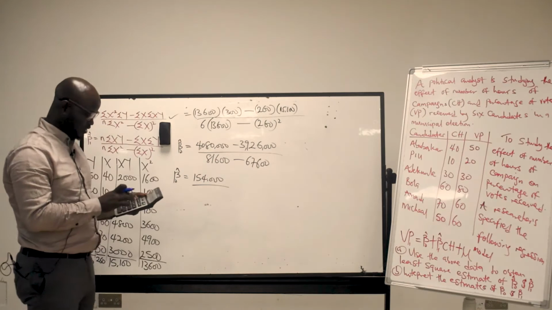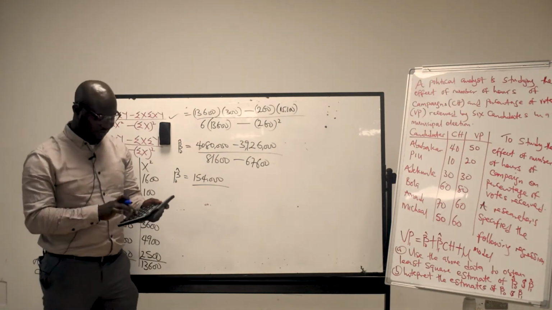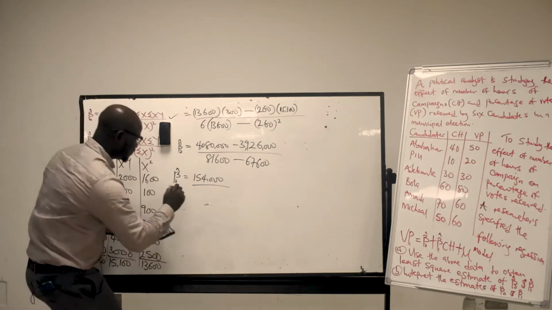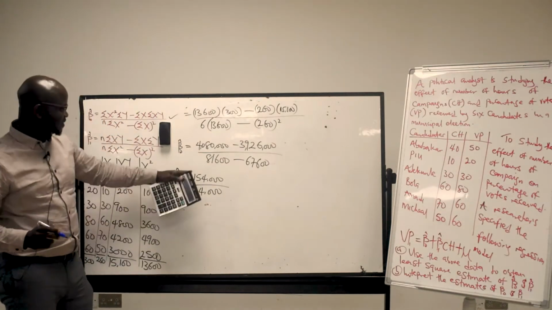Then 81,600 minus 67,600, here we have 14,000, right? So you can say this divided by this.